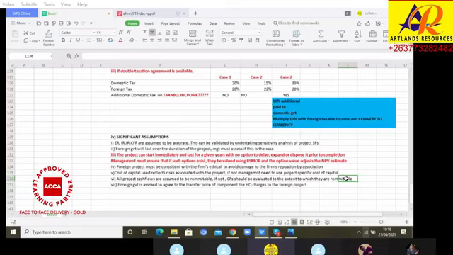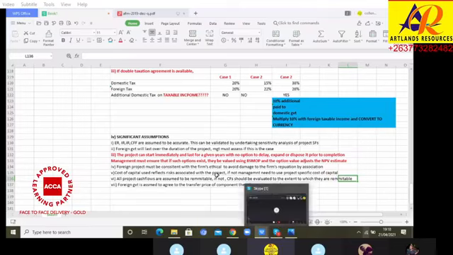Because that assumption says the project is assumed to start immediately and last for a given period of time with no options. If the options are available, then they use the values to adjust the NPV estimate.